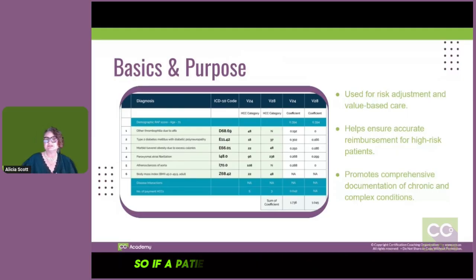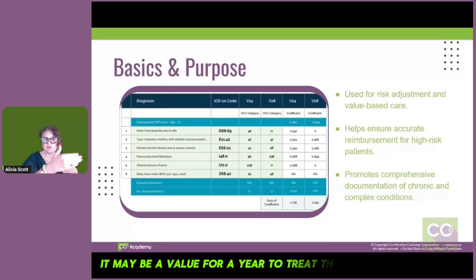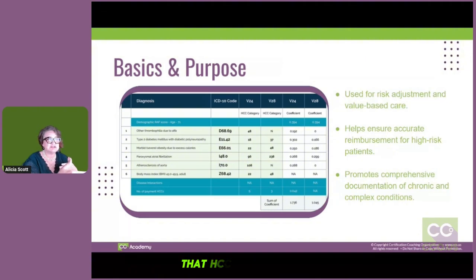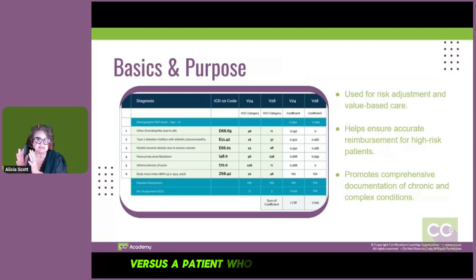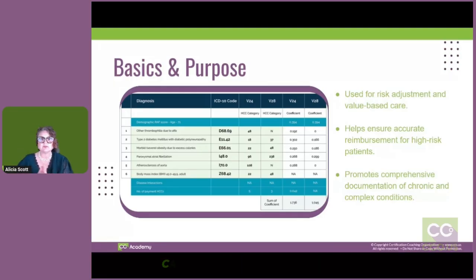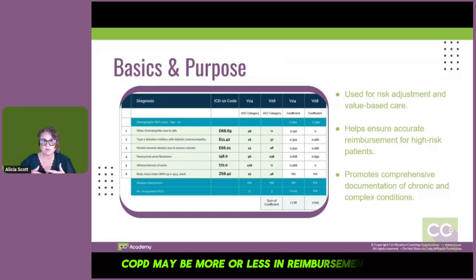So if a patient's had, for example, COPD, it may be a value for a year to treat that patient, that HCC code is given, versus a patient who has emphysema, okay, because that's that next stage. And then the next version, COPD, may be more or less in reimbursement based on all kinds of factors.